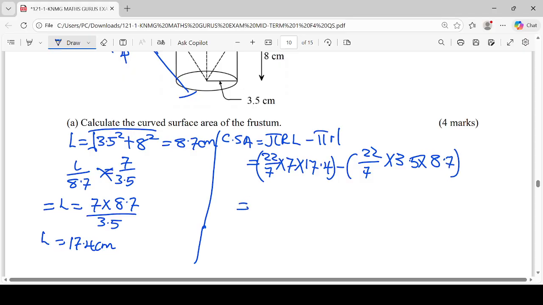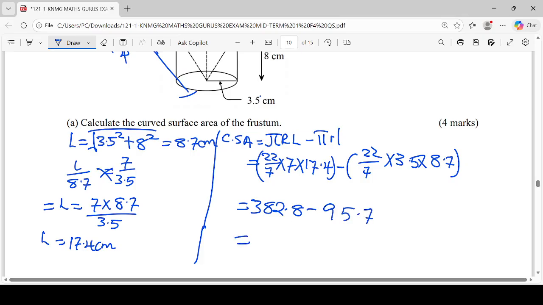When you take 22/7 multiplied by 7 multiplied by 17.4, that is 382.8, minus 22/7 times 3.5 times 8.7, that is 95.7.